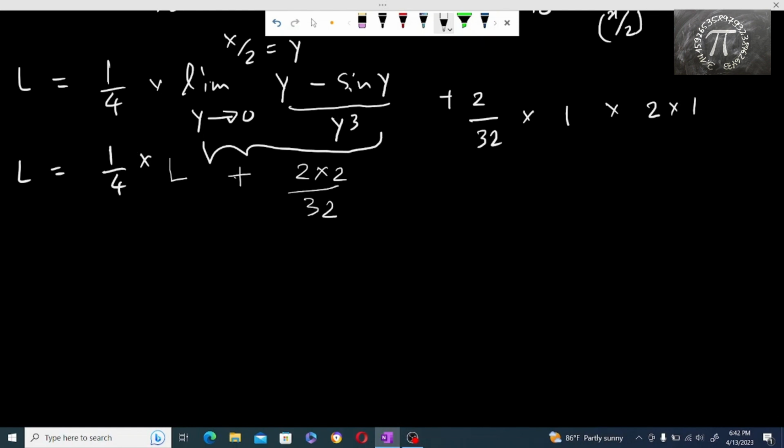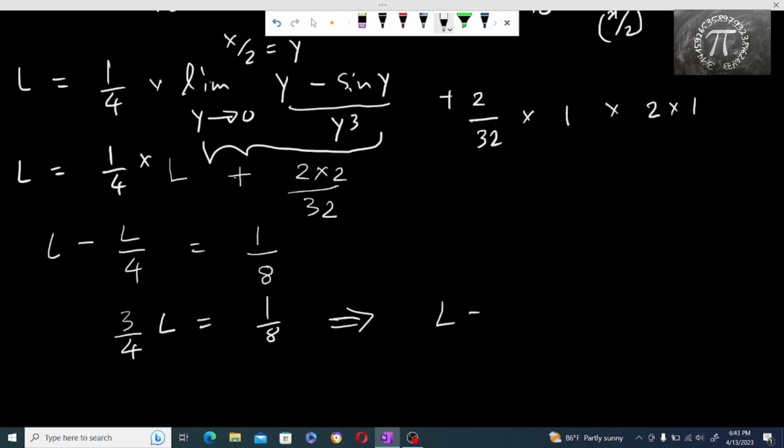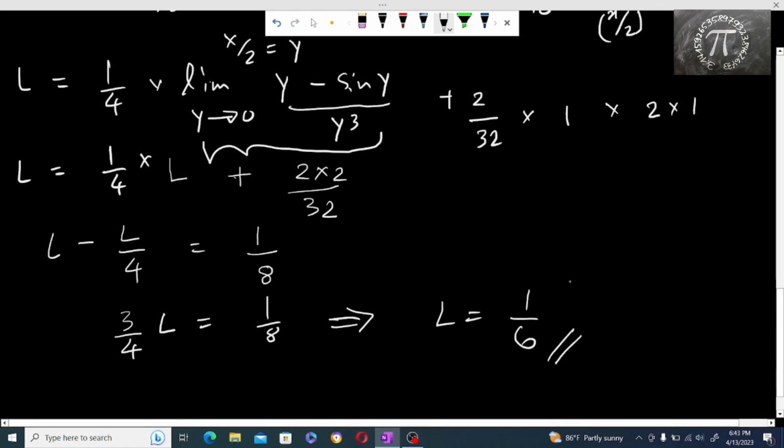Moving 1 over 4 L to the other side, L minus L divided by 4. Here we have 1 over 8, and we get 3 over 4 into L equals 1 over 8. So L equals 1 over 6. That's the answer.